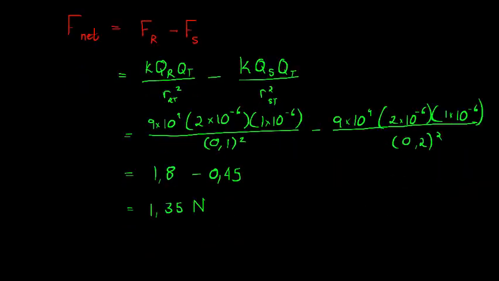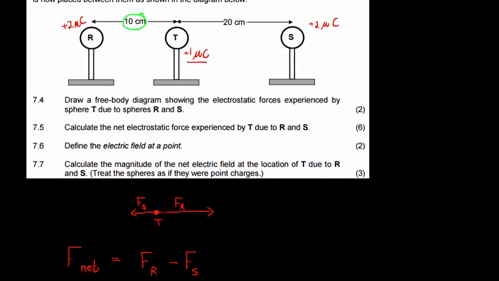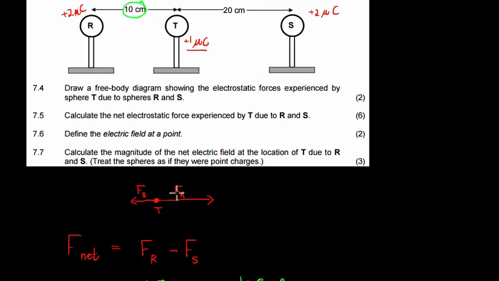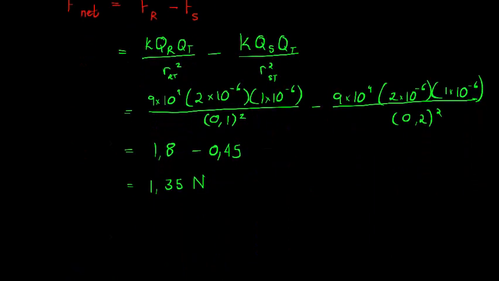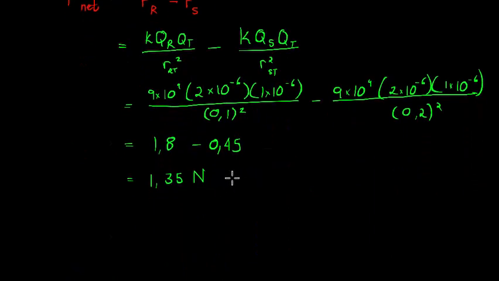Because it's a net force, we need a direction. Remember we said the force exerted by R is larger only because T is closer to R. R and S exert the same force, but the closer T comes to R, the stronger the force would be. So at the point where T is, T will experience a net force towards S, or away from R.